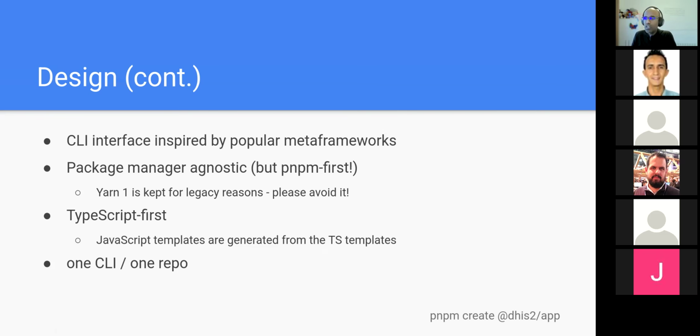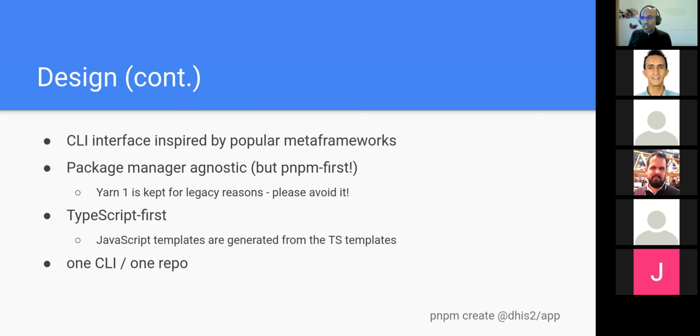This is more a look into how it's built internally. We maintain one template in TypeScript, and then we convert it to JavaScript. This might be irrelevant for you as a consumer, but it shows the general direction that we and most of our community are moving, towards TypeScript, and away from Yarn and Yarn1 specifically.